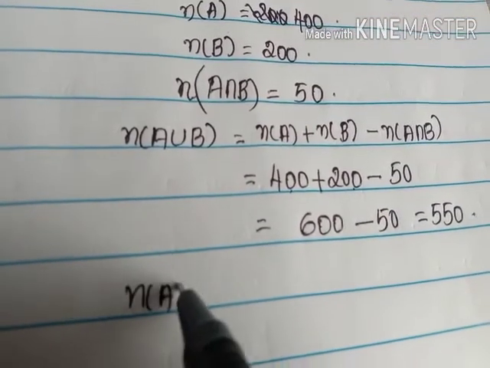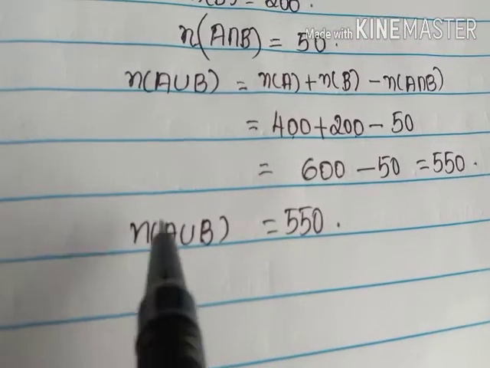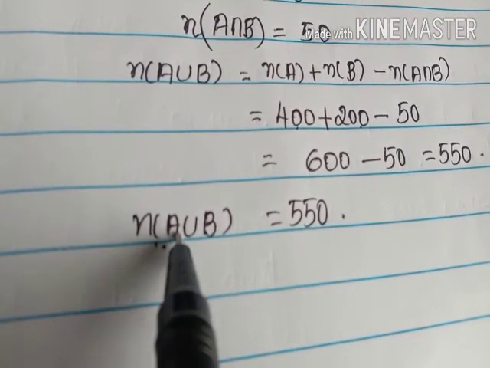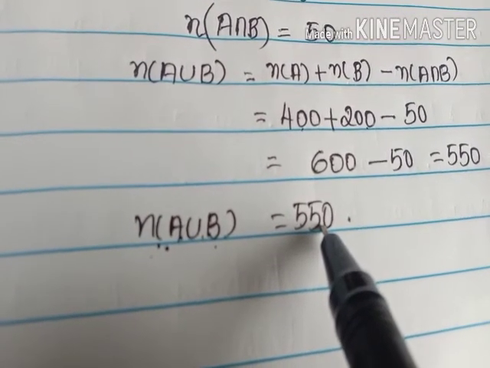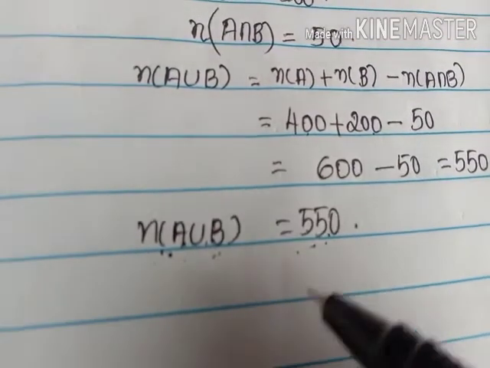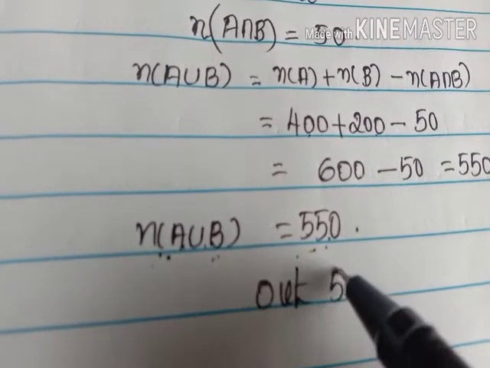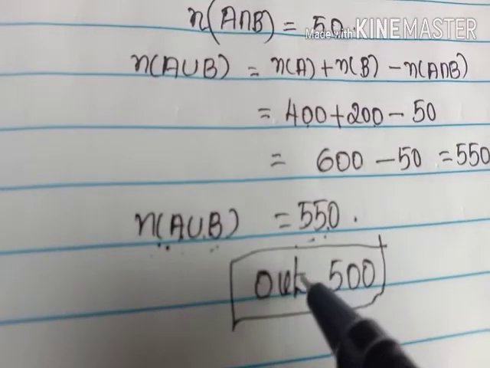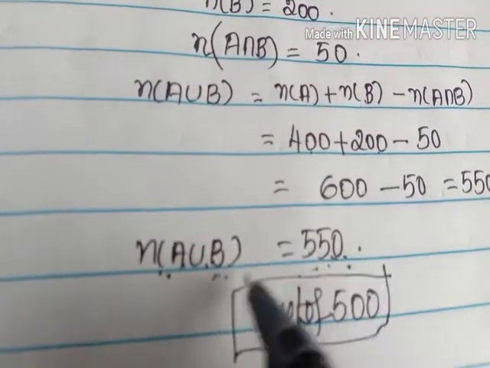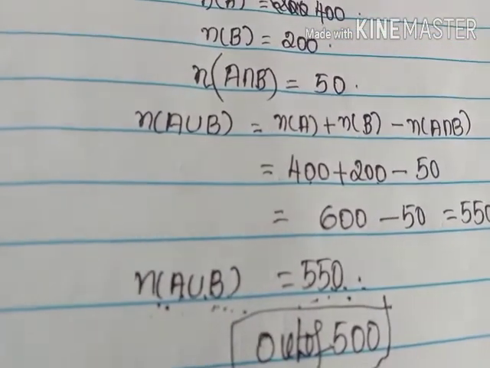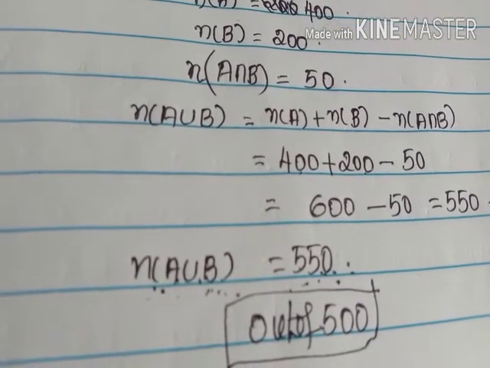So n of A union B is equal to 550, the number of persons who own car A or car B. Is it correct? This is a contradiction. This is wrong, because in our question we investigated only 500 persons in total. So this is incorrect data. This is a practical problem based on intersection and union with the help of the cardinality theorem.